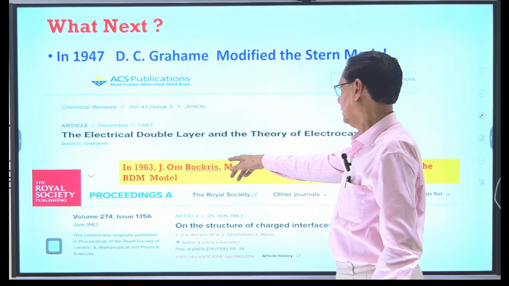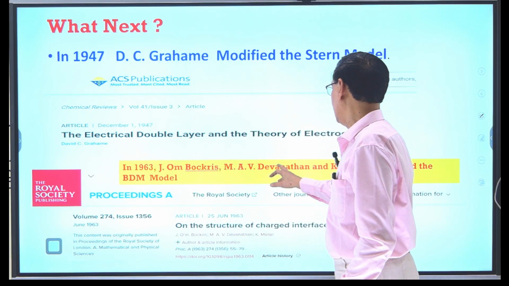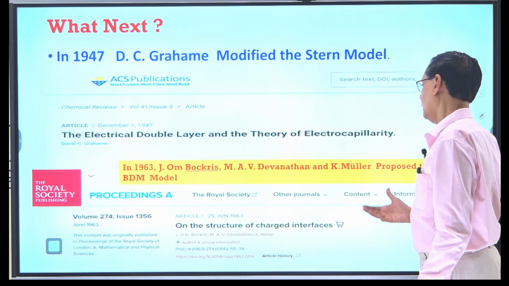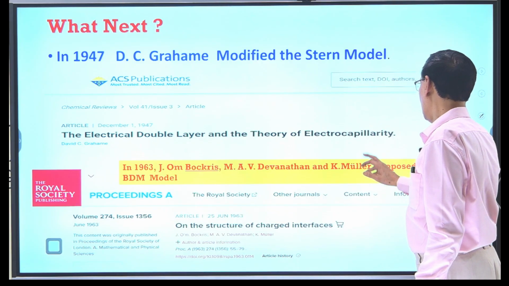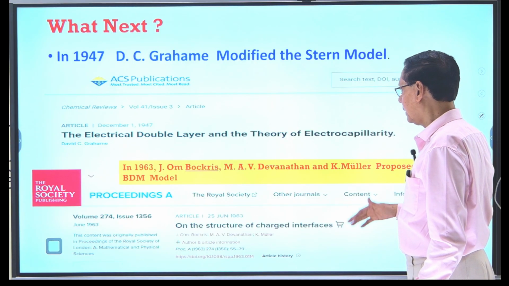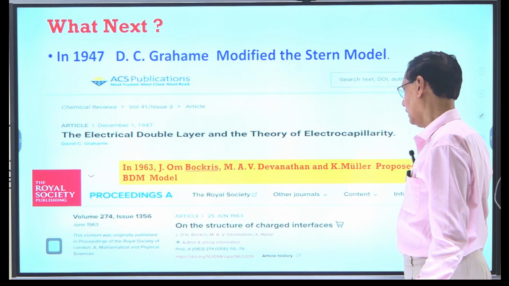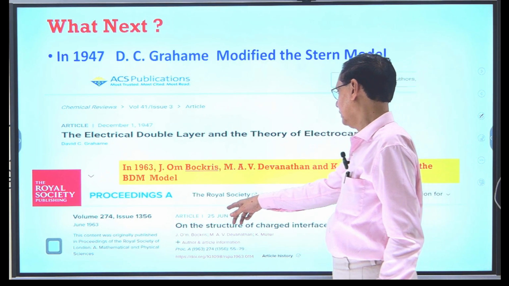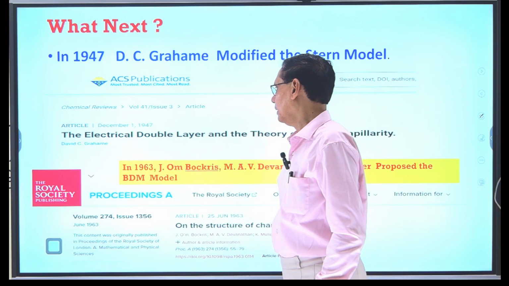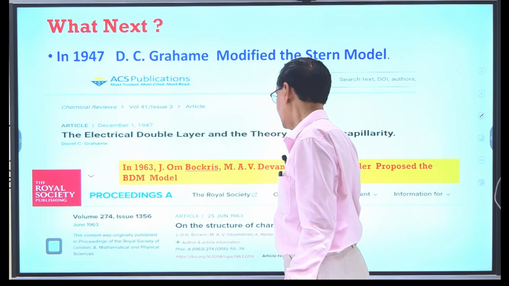Similarly, I have already referred to the book by J. Bockris and Devanathan, very good electrochemists, and Muller proposed the BDM model, the Bockris, Devanathan and Muller model, and they also published in the Royal Society Proceedings on the structure of the charged interface.